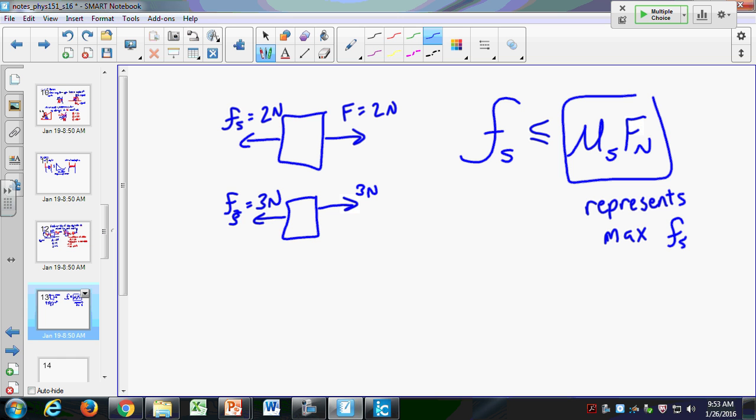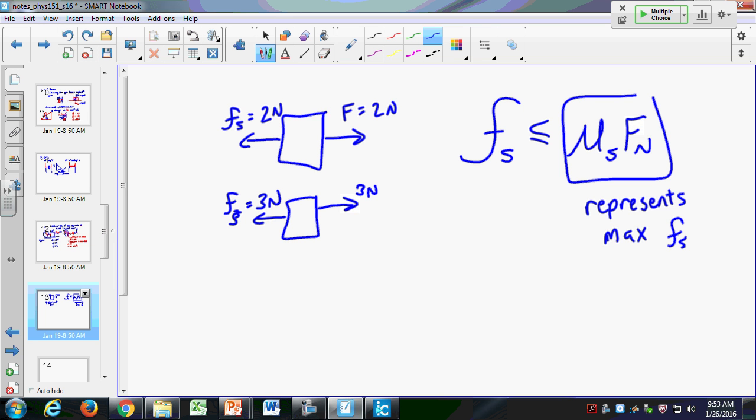Now, when the object starts moving, one other thing I want to tell you. So this is mu s, and the static frictional force is also dependent upon the normal force. You can take a pen or a pencil on your table and push down on it. When I push down on this, what am I doing to the normal force?